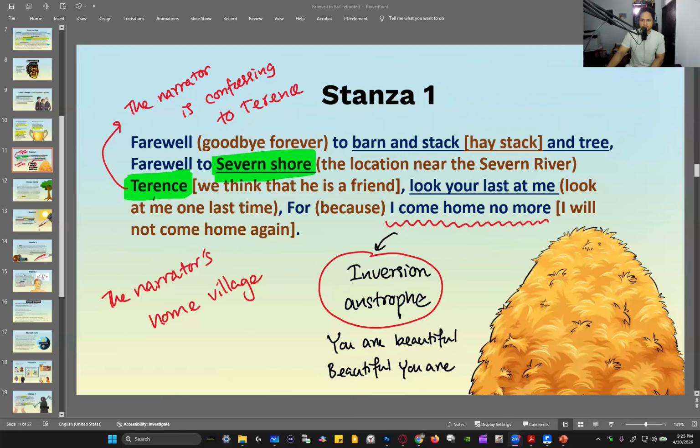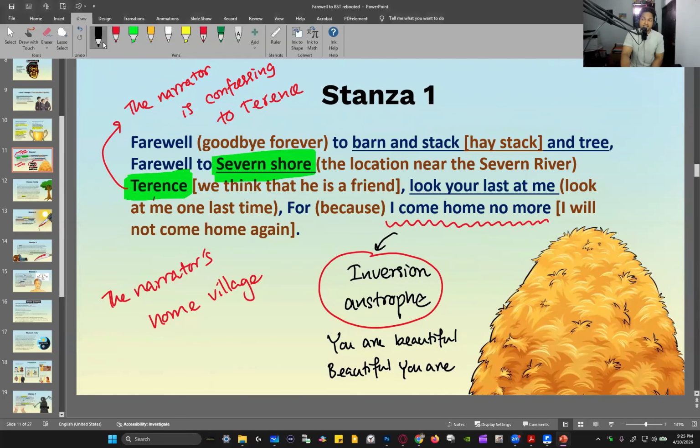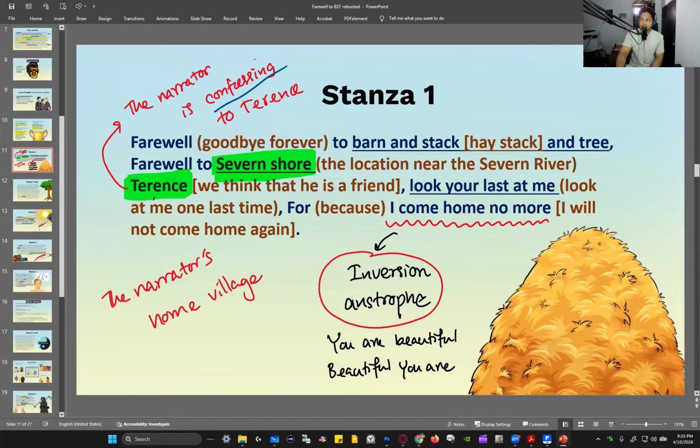Terence is considered to be the narrator's close friend. That is why the narrator is confessing the murder, right? Confessing to Terence. This murder is called a fratricide. What do you mean by a fratricide?